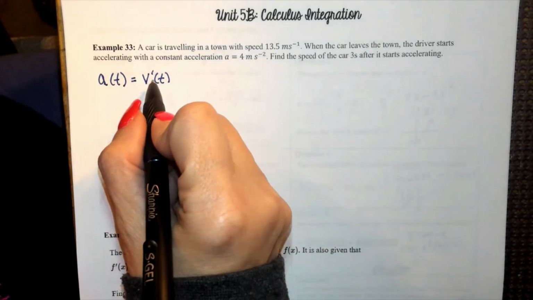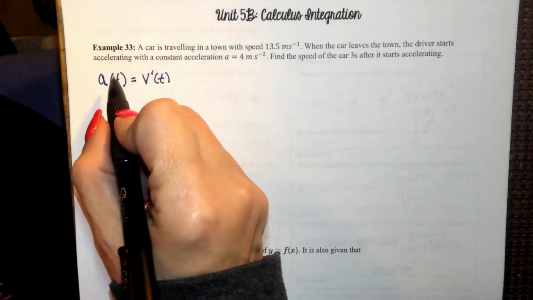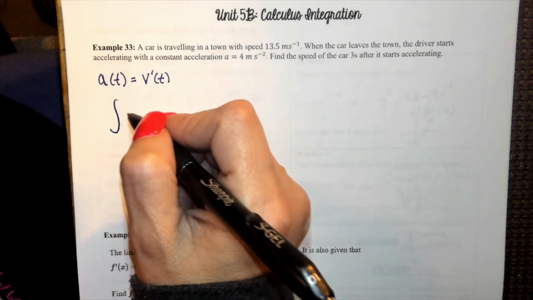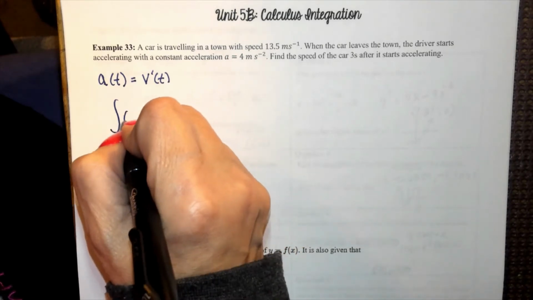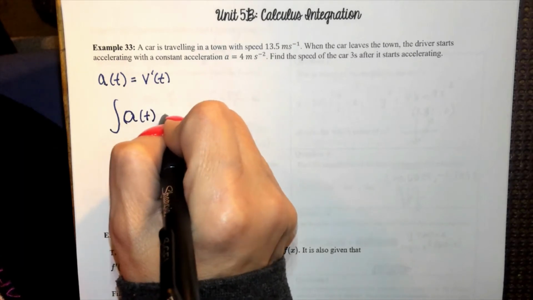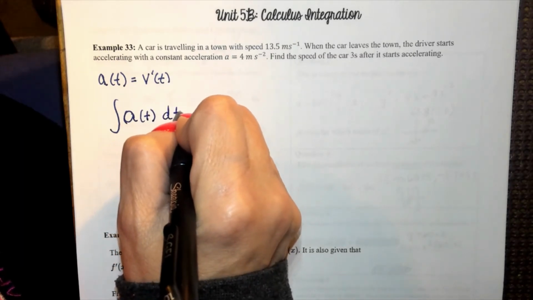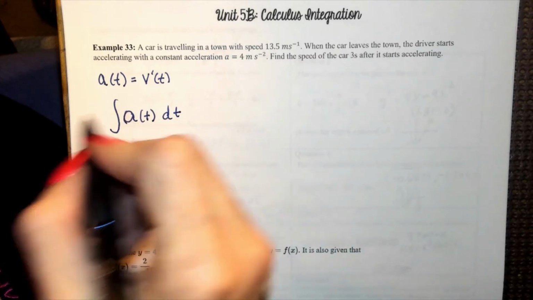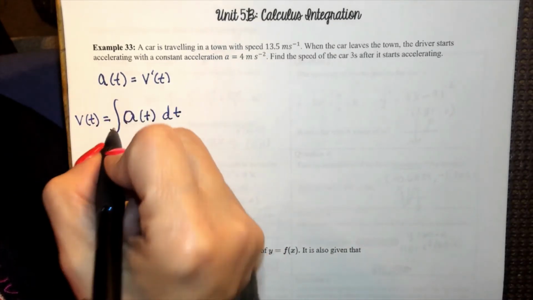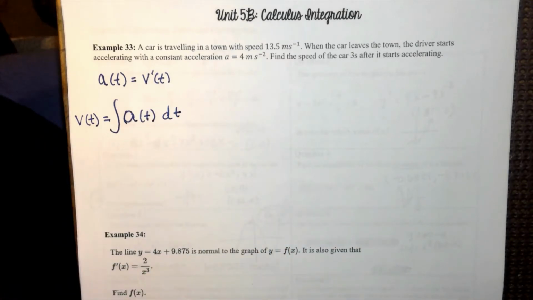Well, if the derivative of velocity is the acceleration, could I do the antiderivative of the acceleration with respect to t? If this is the derivative, could I say that v of t equals the antiderivative? Yeah. So if I just integrate the acceleration, I can get the velocity.